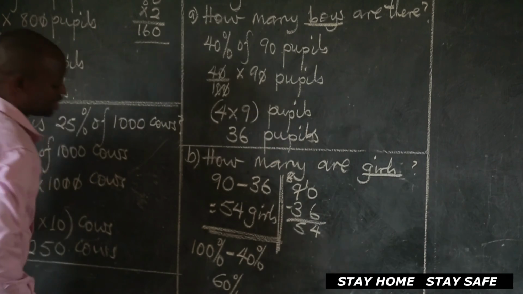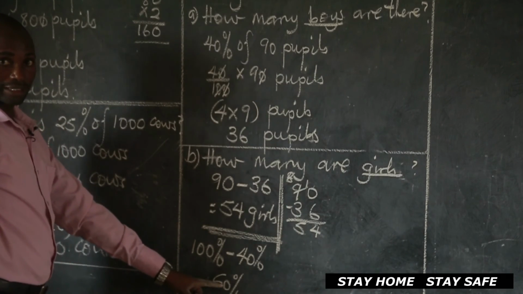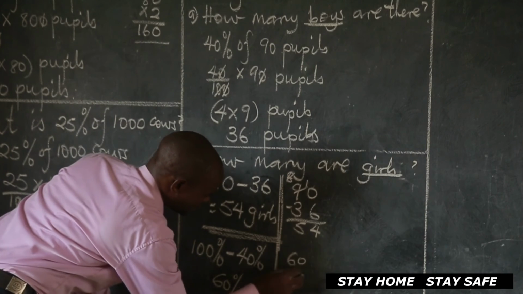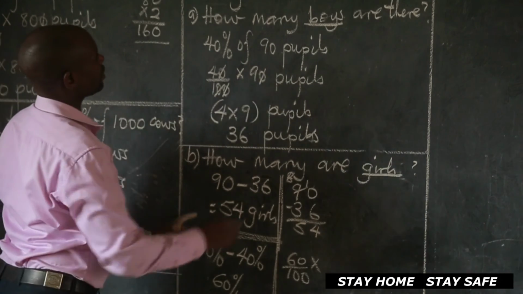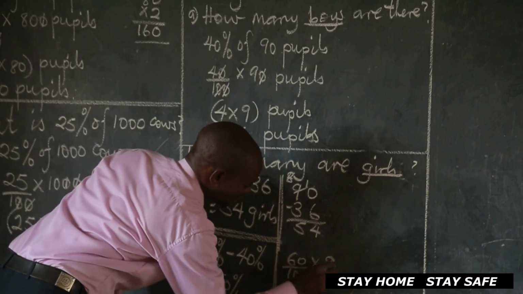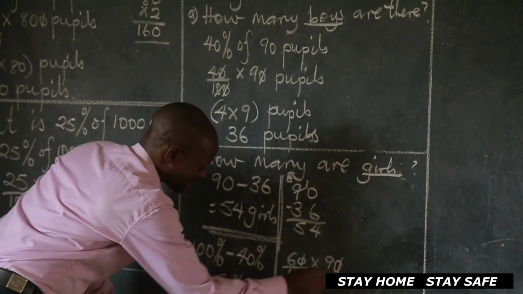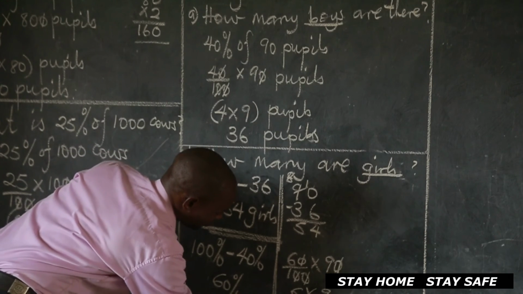So it means in this class, girls take 60%. So it is going to be 60 out of 100, then times the total number of children in the class, which is 90. This one will go with this one, then it is 6 times 9, which will give you 54 girls.